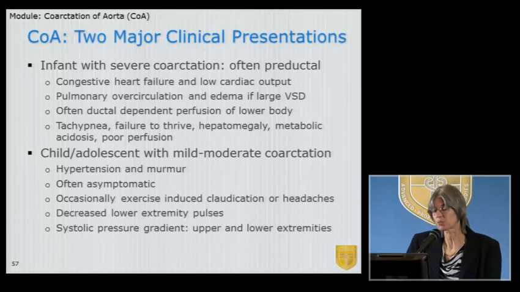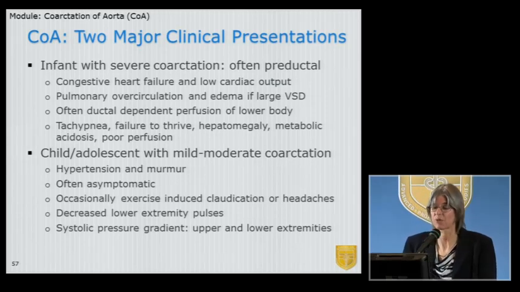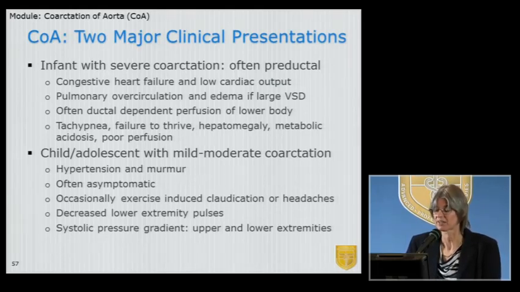So if they don't present as infants, the second major clinical presentation is the child or the adolescent with mild to moderate coarctation. These are the kids that, in school or prior to some sport event that they're going to participate in, go in for their physical exam, and someone notices that they are hypertensive. And oh, by the way, they have a murmur. They are completely asymptomatic.